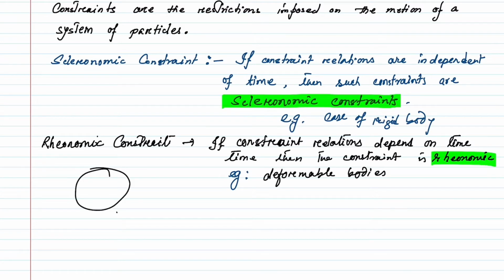Suppose we have an object here, deformable, so it changes its shape with time. If the shape of the object changes with time, and if you consider 2 points of this object, then the distance between these 2 points changes. Distance is not fixed here, it changes with time.